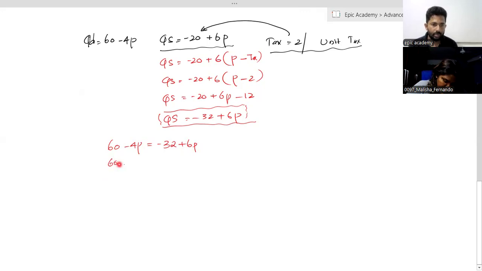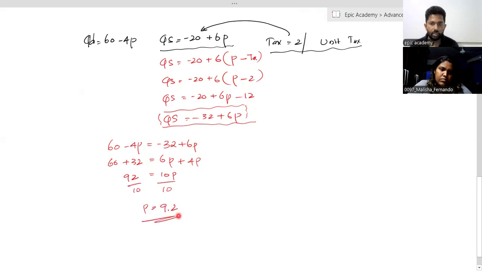So now 60 plus 32 equals 6P plus 4P. 10P equals 92. Then divide both sides by 10. P equals 9.2, isn't it? Yes. The price increased from 8 to 9.2.